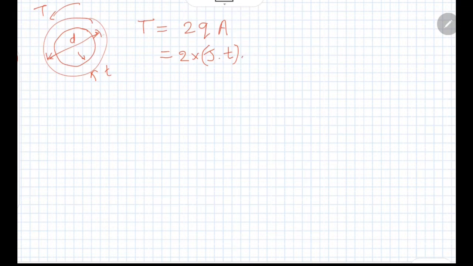So here area is the one which is subtended by the mid surface of this cross section. So it is nothing but the area of this entire cross section up to the mid surface, which will be given as pi by 4 d square. So using this equation, we can find out that the shear stress can be given as 2T divided by pi d square t.